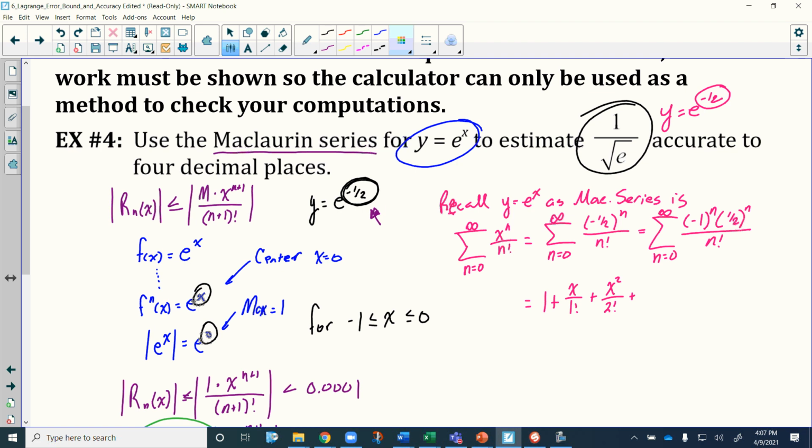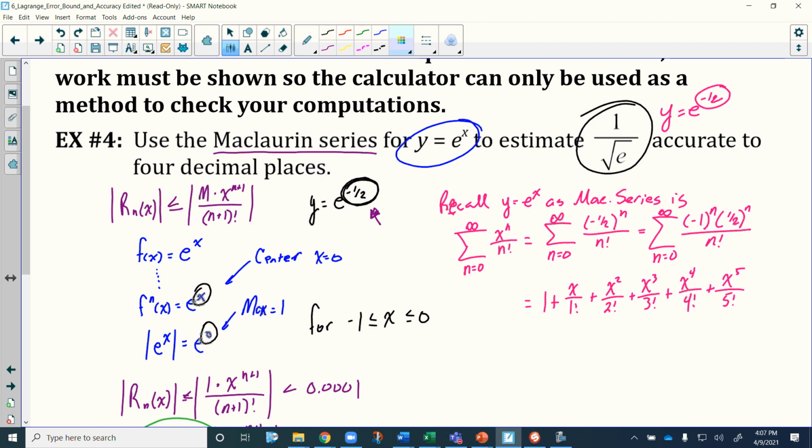I'm sorry, I said this was alternating. It's not alternating. And we're going to go out to the fifth degree here. And this will be x to the 4th over 4 factorial plus x to the 5th over 5 factorial. So now we've got it out to the 5th degree expression.